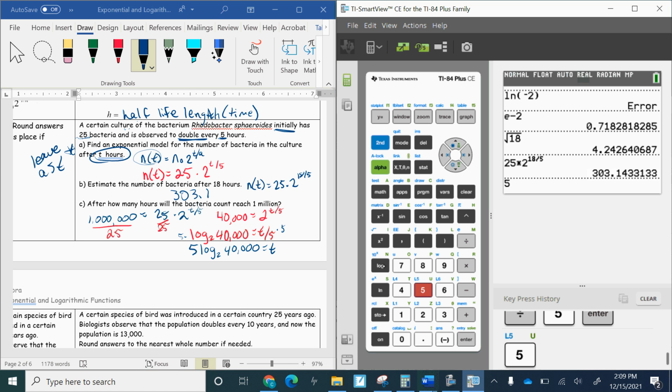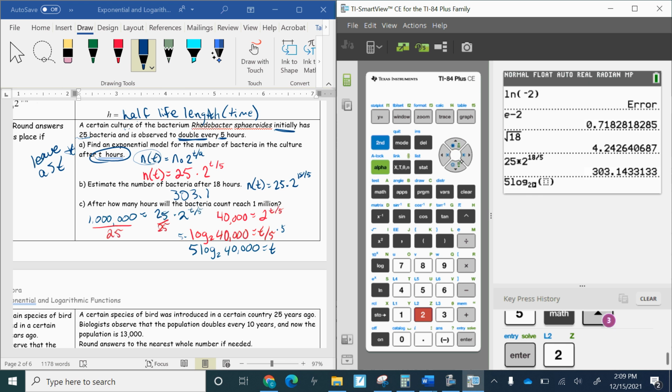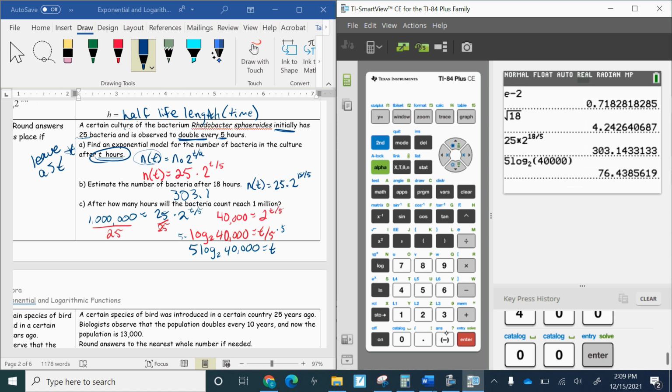And so 5, like I said, I need to go to math for my log base. You're welcome to use the change of base formula. Log base 2 of 40,000. And so 76.439 hours.